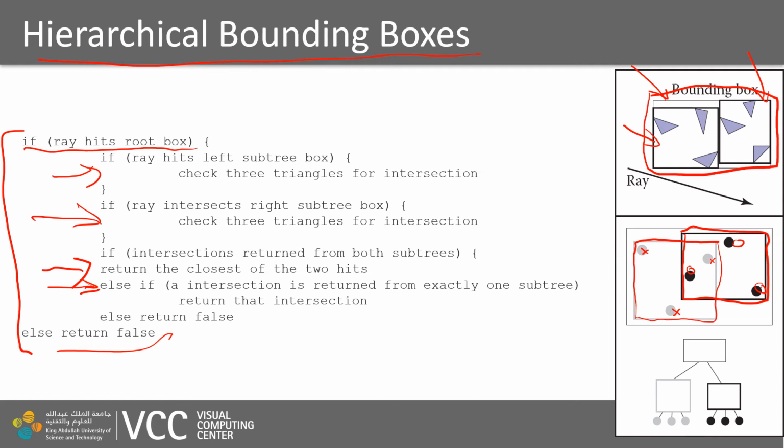So you can imagine that the ray was passing like, oops, this would be an actual hit, but it will be passing something like this through our boxes shown here.